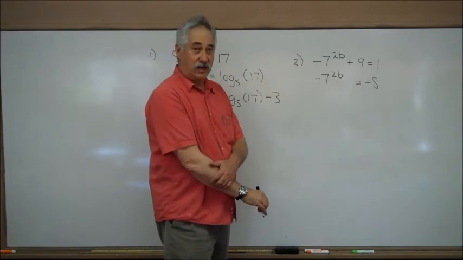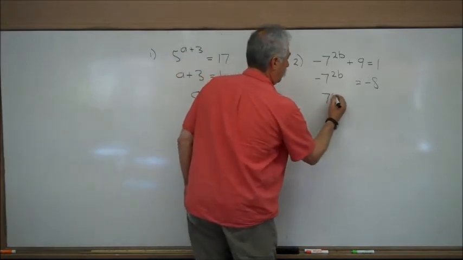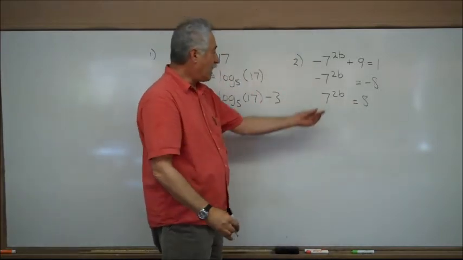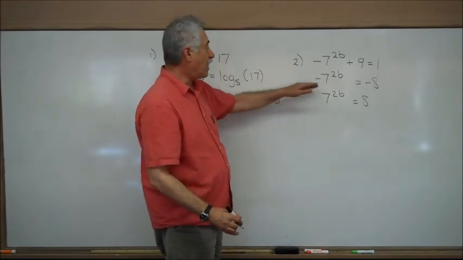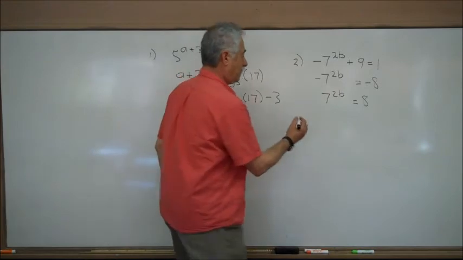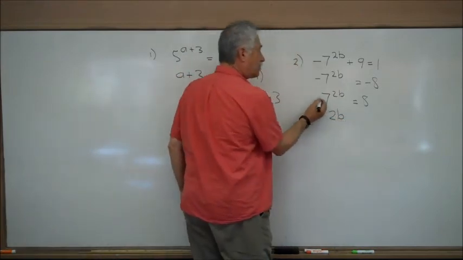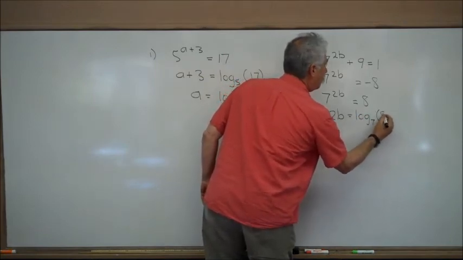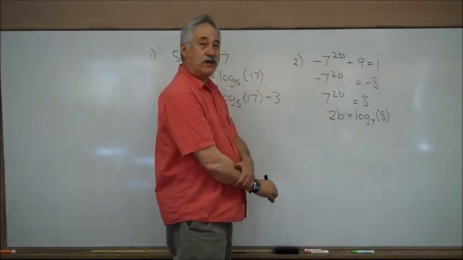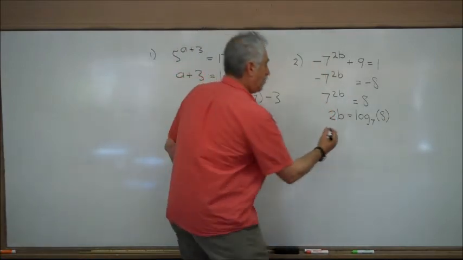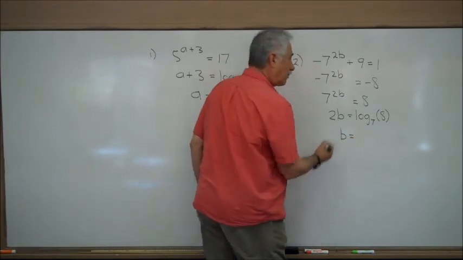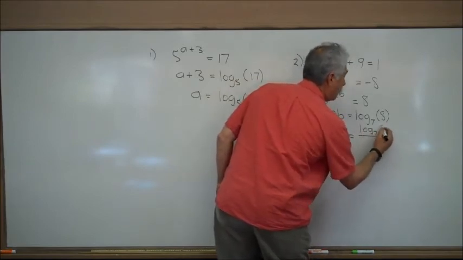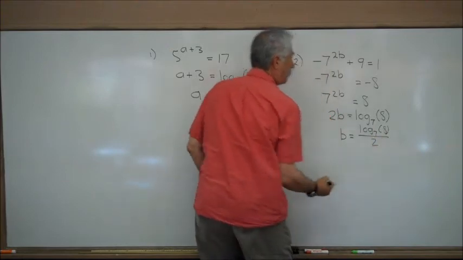I want to remove the minus sign. I change the sign of both sides. Now I have the term isolated. I must remove any negative sign that precedes it. I remove the 7 by finding the log base 7 of the entire right side. I'm almost done. I need to remove the 2. Remove a multiplied 2 on one side by dividing everything else, in this case, this term here, by 2. And I'm finished.